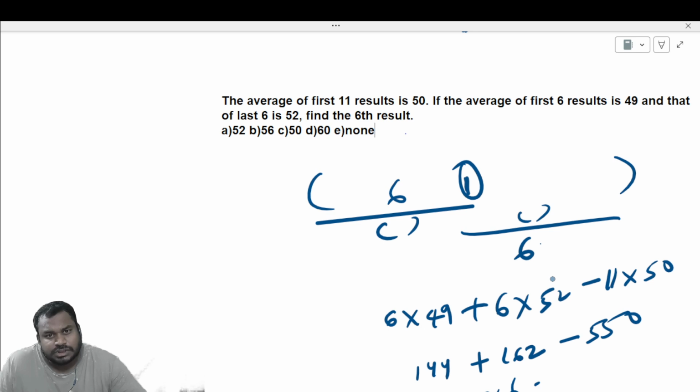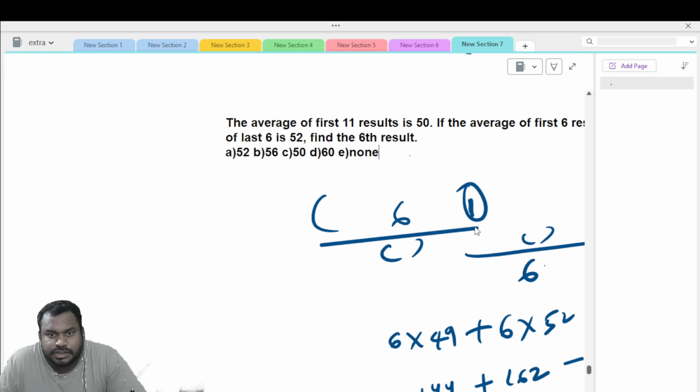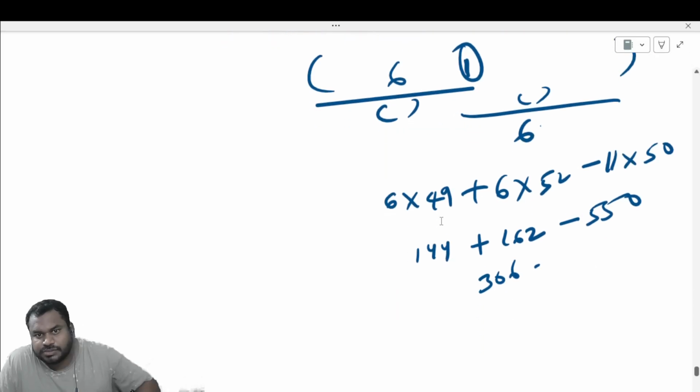Find the 6th result. It cannot be negative. So there is a mistake here. Sorry, I made a mistake here.